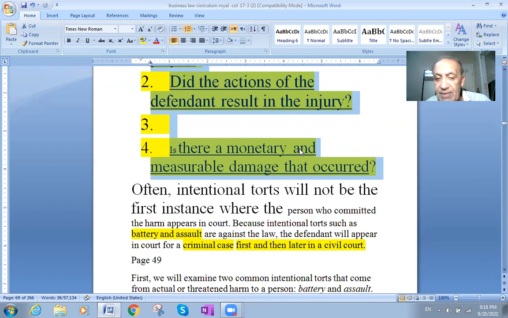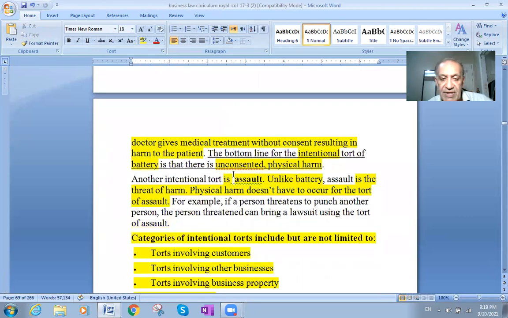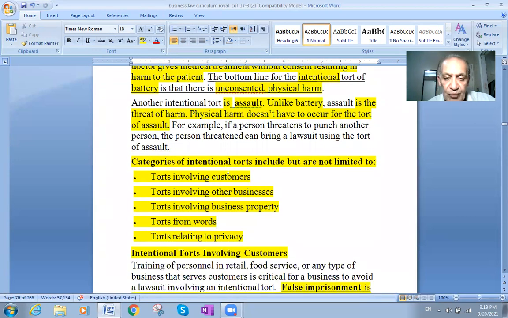There must be damage, otherwise it won't be a tort. As an example, battery and assault are against the law. The defendant will appear in court for a criminal case first and then later in a civil court.